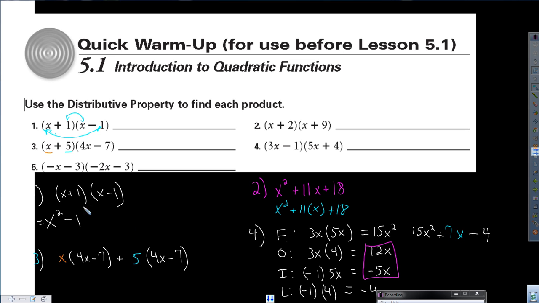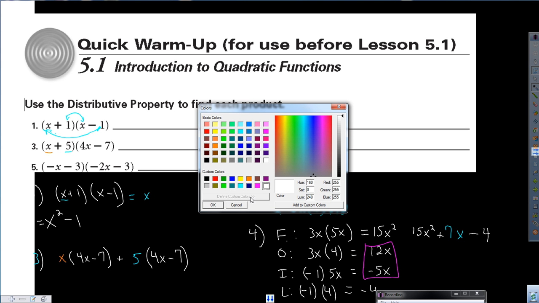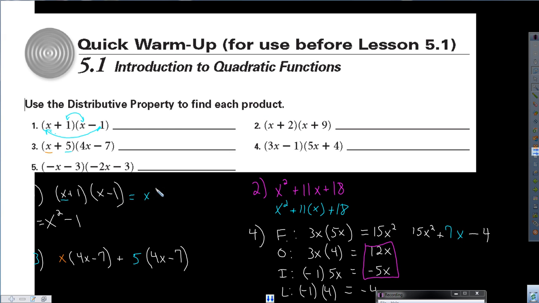To use the distributive property, what you're actually going to do here is multiply that x times the quantity x plus 1, and then you're going to multiply the 1.